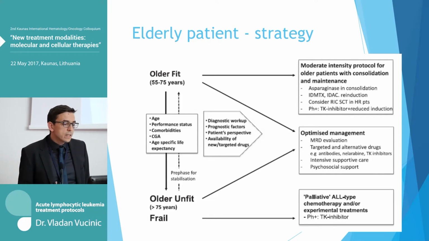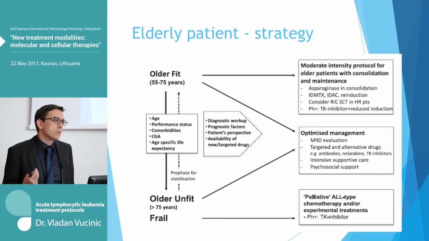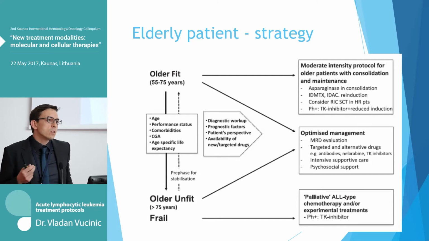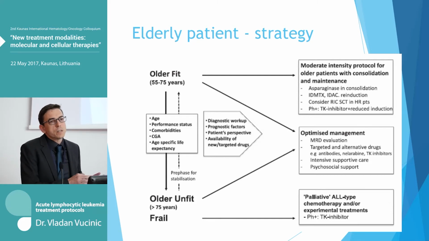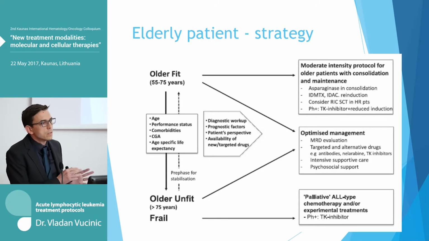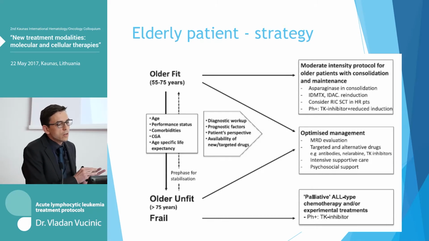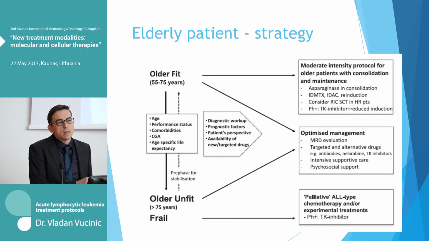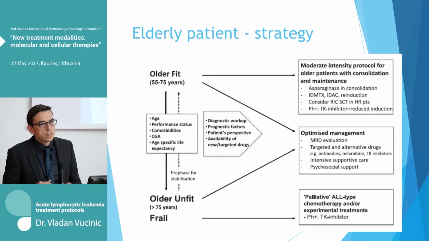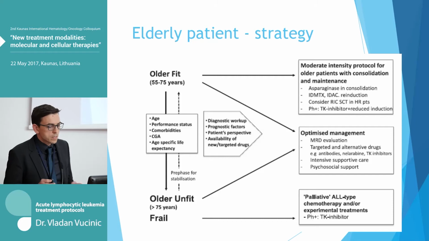Anyhow, an elderly patient, somebody who is 55 or 56, his fitness stage differs from person to person. So it is necessary to define, is this patient capable of coping with the chemotherapy? Is this patient capable of eventual allogeneic stem cell transplantation?